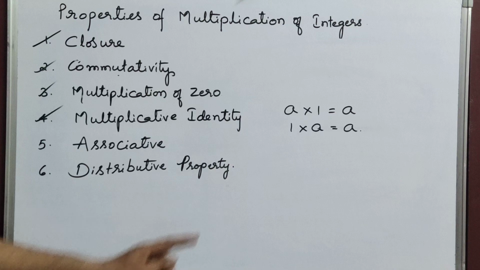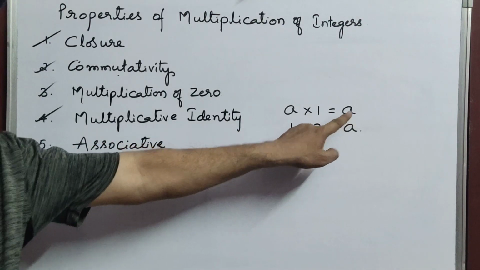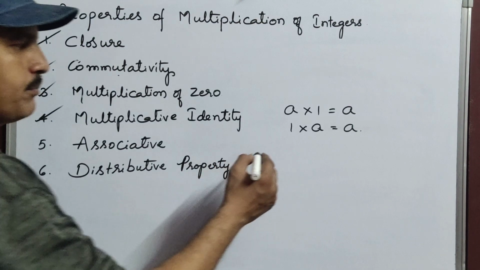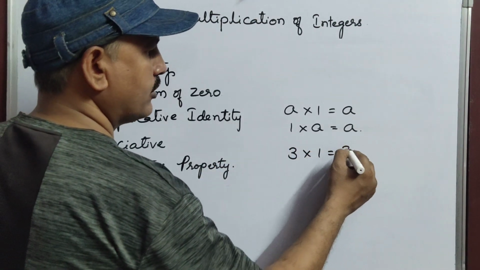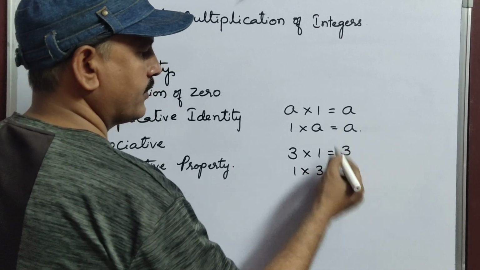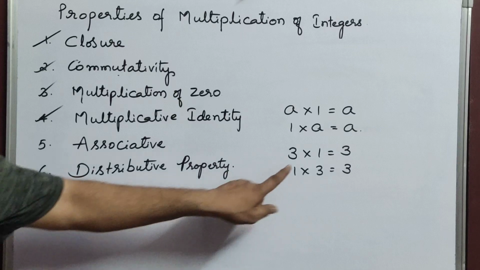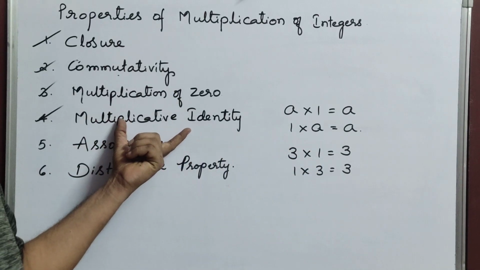That means whenever you are multiplying any number with 1, you are getting the same answer. Example, see here, 3 into 1 equals 3. 1 into 3 equals 3. Here 1 is called the multiplicative identity.